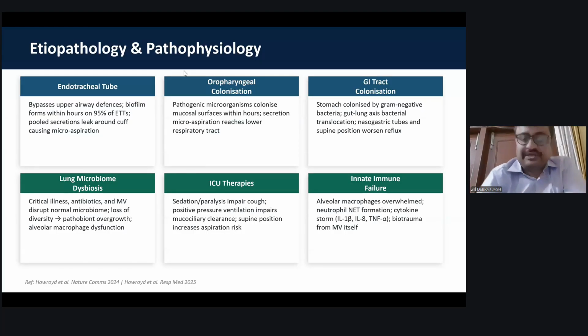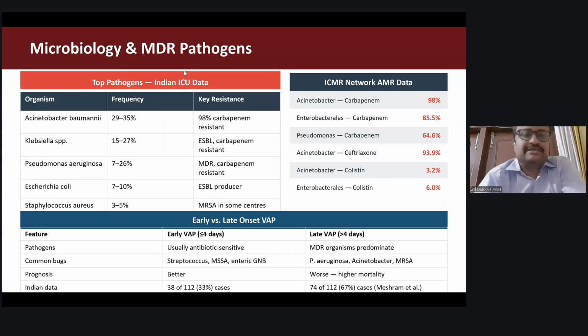I will not go into the details of the pathology, but a little bit of discussion about the microbiology is required because it is directly related to the treatment. If you see the Indian ICU data, the top organisms are Acinetobacter, Klebsiella, Pseudomonas, followed by MDR E. coli and Staph aureus. And if you see the ICMR data also, the carbapenem resistant Acinetobacter, Enterobacteriaceae, Pseudomonas, these are very common.